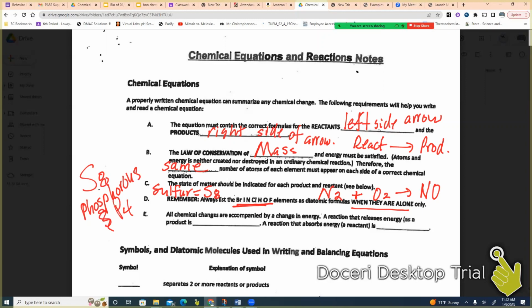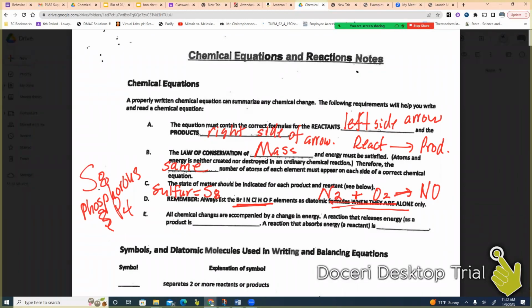And once again, that's just when they're by themselves, not part of a compound. Remember, in chemical reactions, whatever the subscripts are on the reactant side are not necessarily going to be the subscripts on the product side. So you don't carry those over. Sometimes they may be, but sometimes they may not be, depending on what they combine with.